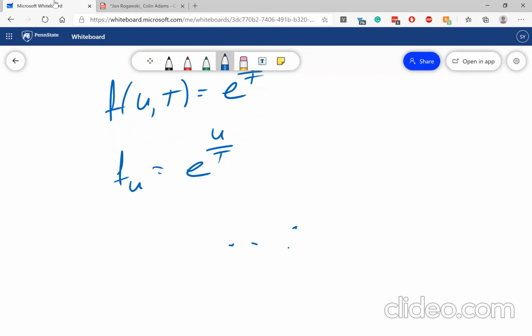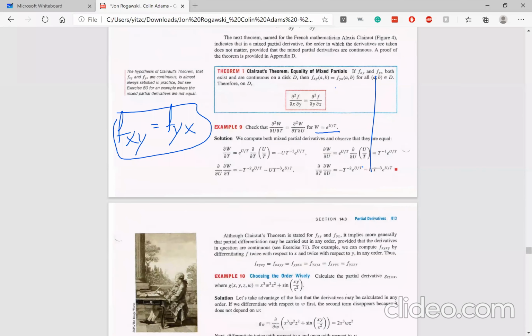And so then partial of f with respect to t, you need a chain rule in here. So that would be times the derivative of this top thing, which would be 1 over t. Is that correct? Yeah, okay. I guess that was what I was missing.